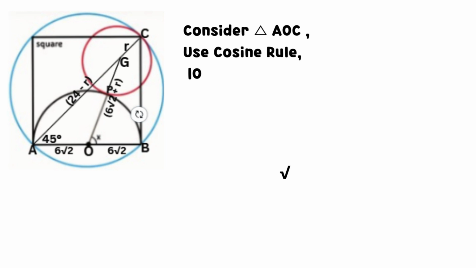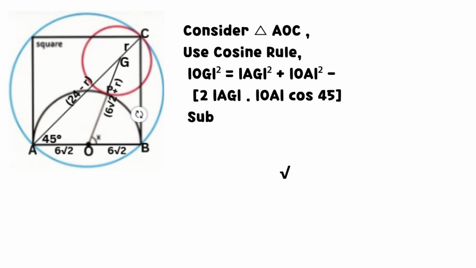Consider triangle AOG. Use cosine rule. The square of line OG equals the sum of the square of line AG and the square of line OA, minus 2 times the product of line AG and line OA, multiplied by cosine 45 degrees. Substitute values of line OG, line AG and line OA to form a quadratic equation in small r.